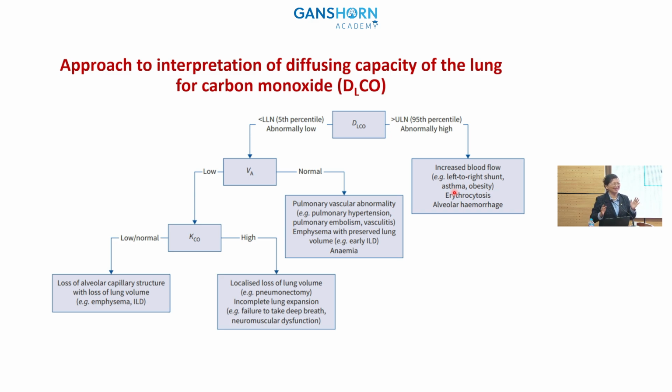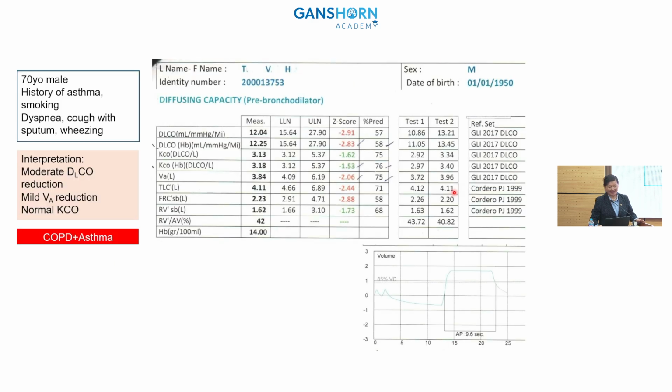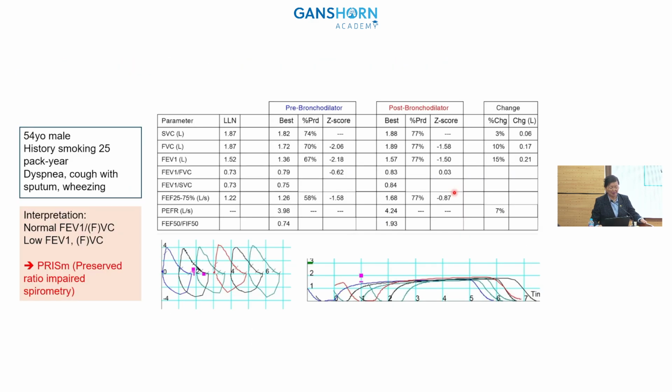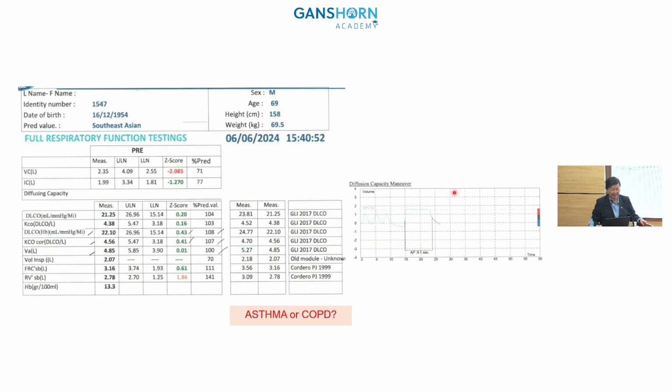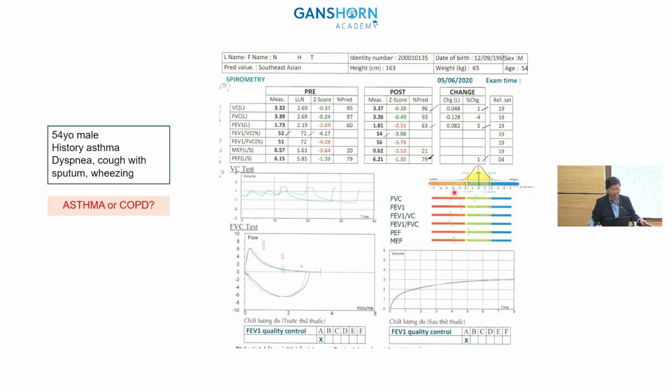Do not stop only at the spirometric test, because we would decide he has COPD and treat him as COPD. But in reality, he has asthma with fixed airway obstruction. So the differential diagnosis is so difficult.